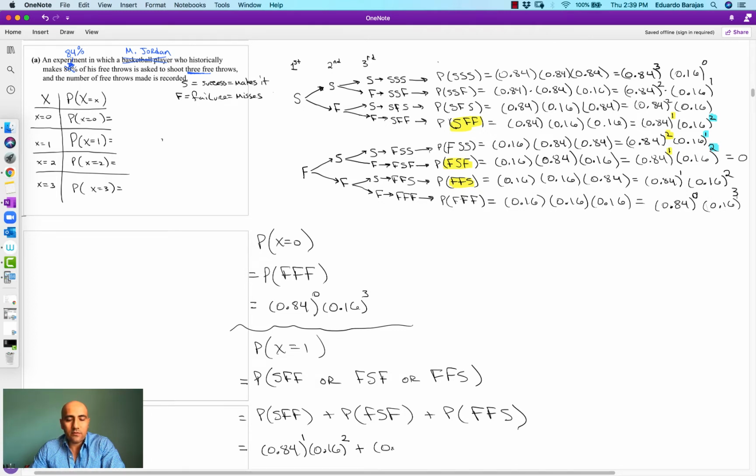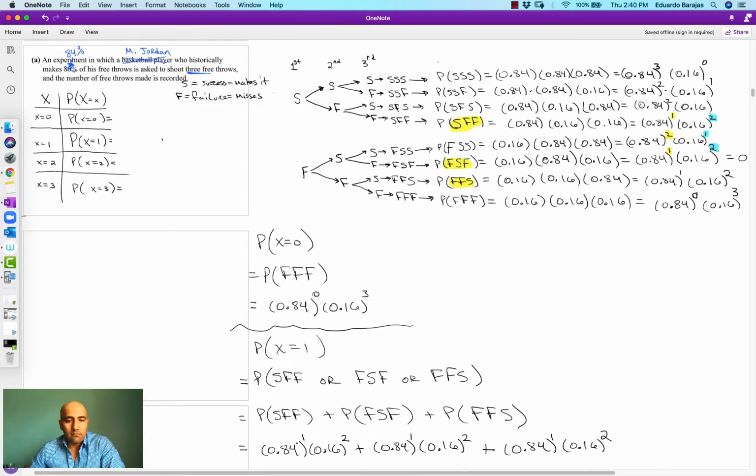So that's going to be 0.84 to the power of 1 and 0.16 to the power of 2 plus, finally, the last one. Again, we have 1 success, 0.84 to the power of 1 times 0.16 to the power of 2.